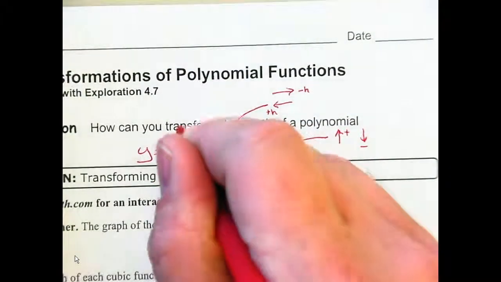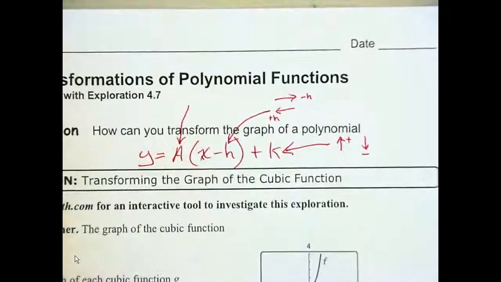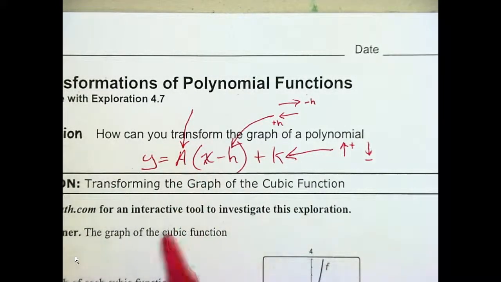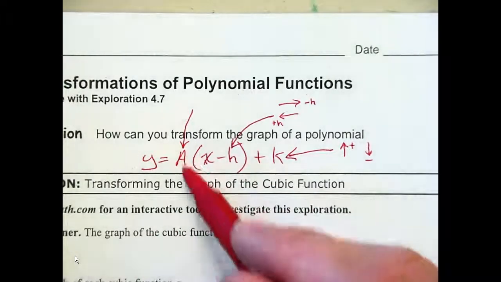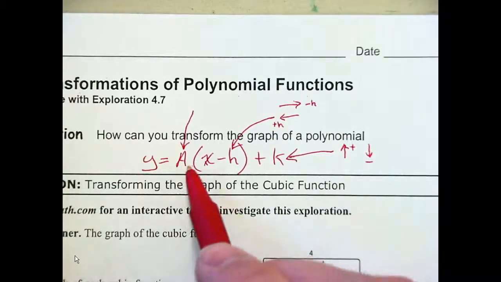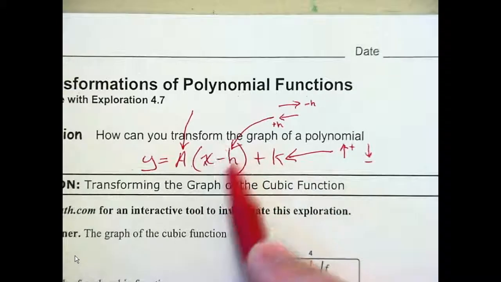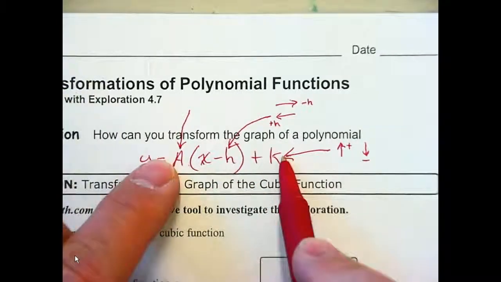And what's a? Does it deal with a change on your y-axis or your x? Is it vertical or horizontal? It's vertical because it's outside of the parentheses. Anything that happens horizontally goes on the inside. Vertically, remember, is on the outside.